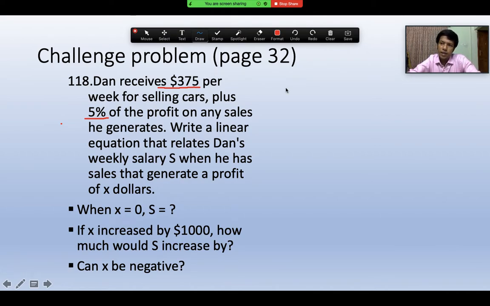This is something like you joined a company. The company said that per week they will give you $100, just as a salary.